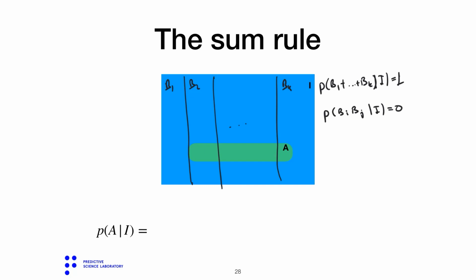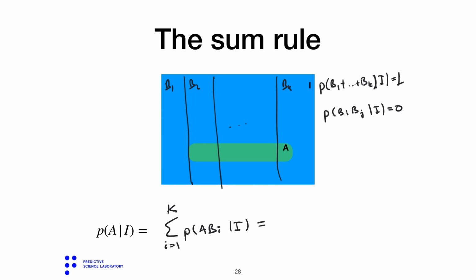Then what we can do is write the probability of A given I as the probability of A and Bi being true, summed over all the possible Bi's, k of those.